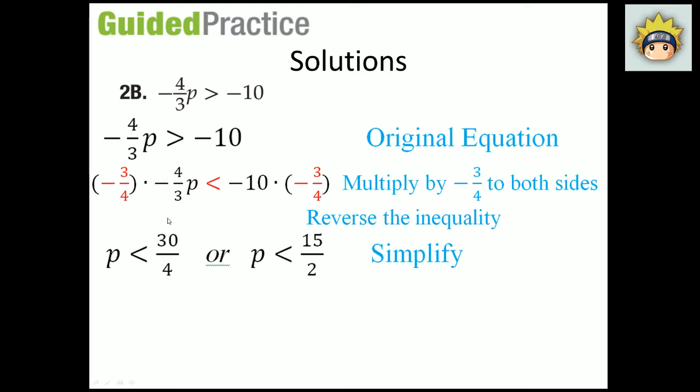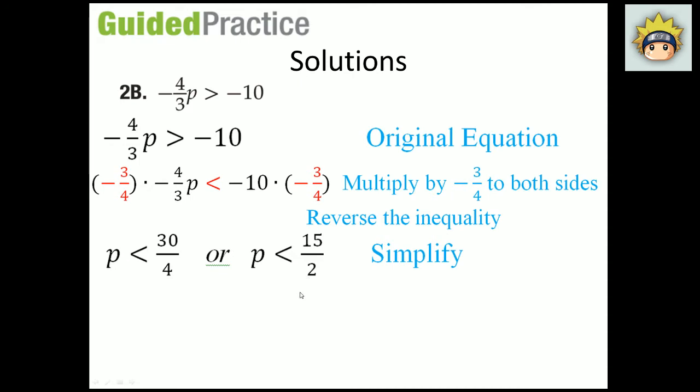After I multiply, I simplify. What's left over on my left hand side is p. On my right hand side I have negative 10 times negative 3, which is 30, divided by 4. If you simplify that, p is less than 15 divided by 2.